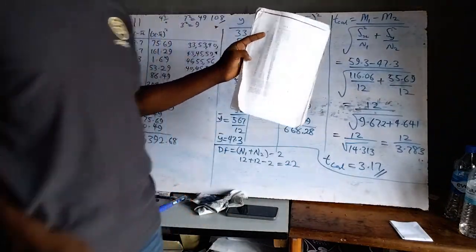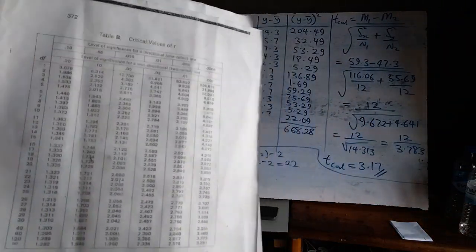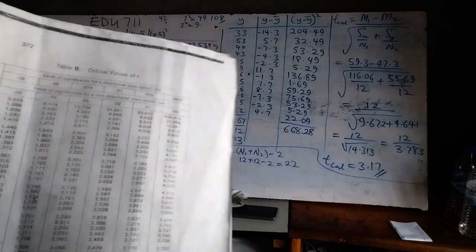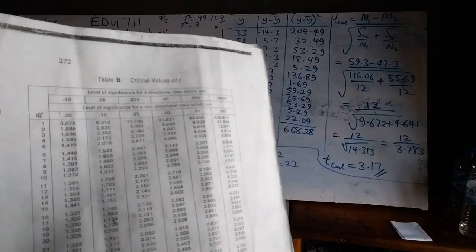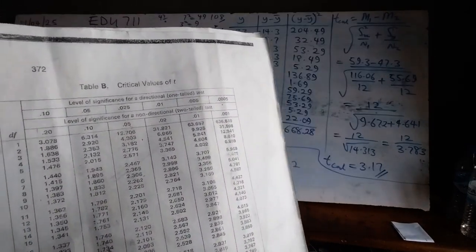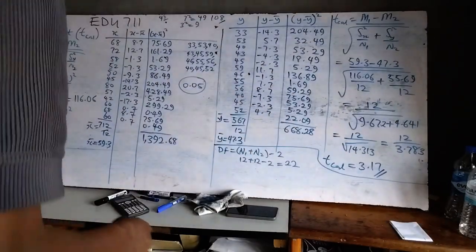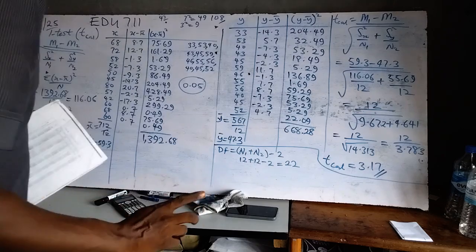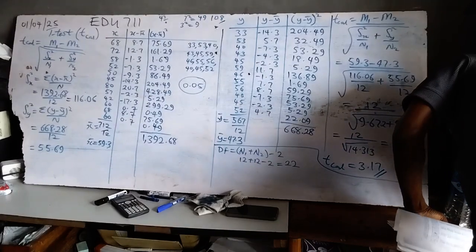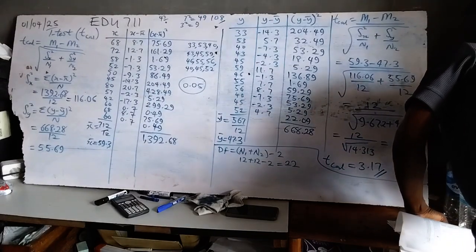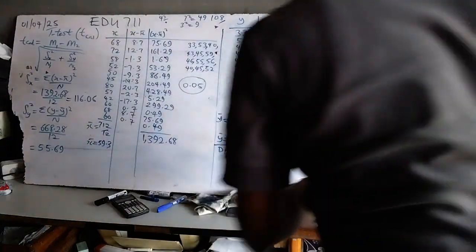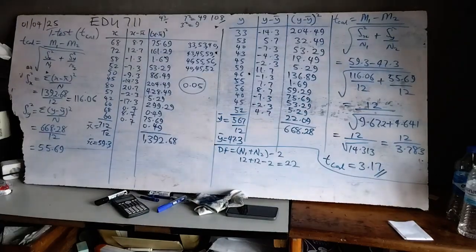So I also need to explain something here. So this is our table. Let me see if I can get a pointer. Yes, I think I have one here. So this is my pointer.